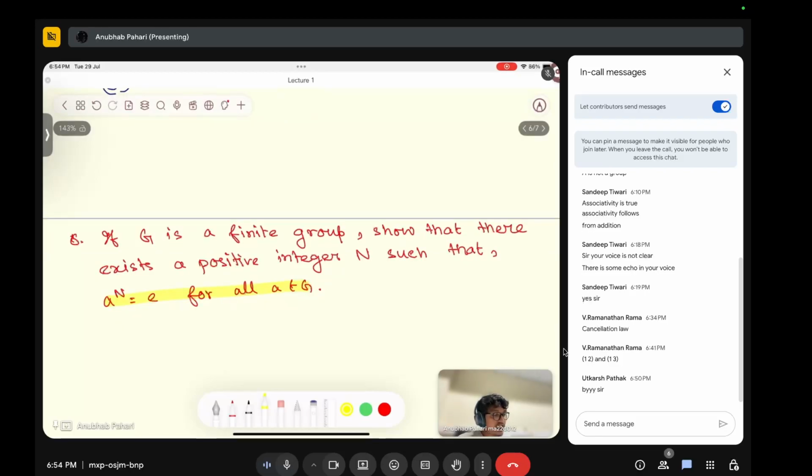So this is important, right? Because what we are claiming is that there should be a positive integer. I mean, if there is a positive integer, then it is also true for a negative integer, because you just multiply by a to the power minus n.